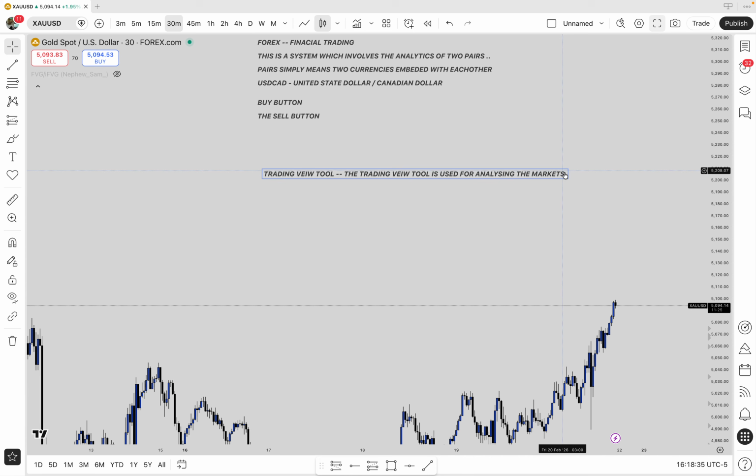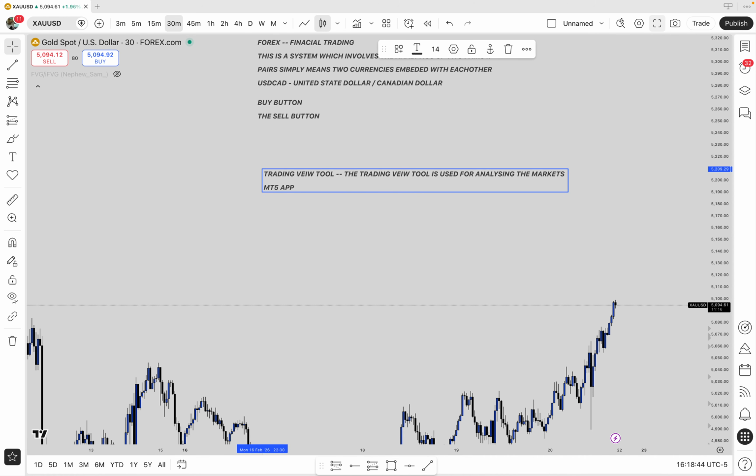The second app, which is going to be on this watch list, right, is going to be your MT5 app. Now, we have two, the MT5 and the MT4, right? But I expect every newbies to actually use the MT5 app, because the MT5 app is more advanced than the MT4.